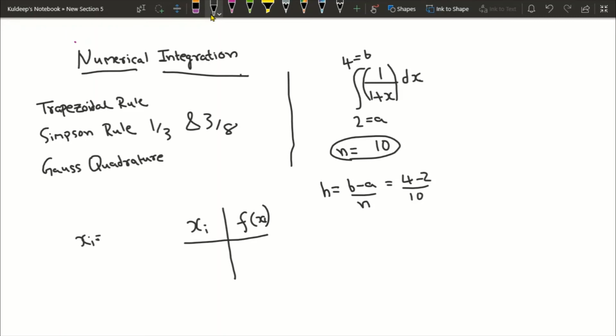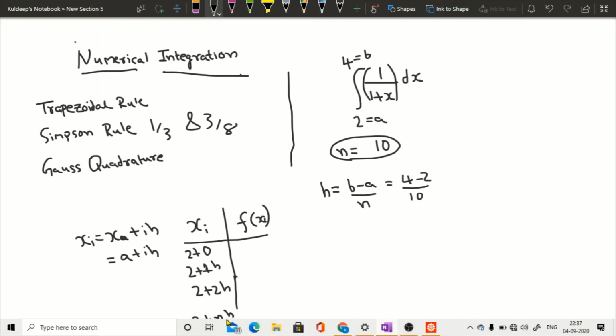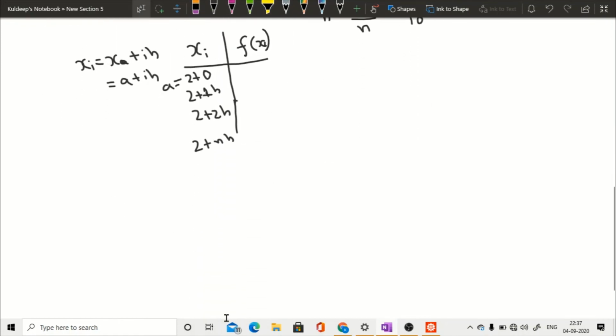Here xi is given as x0 plus ih, where x0 is a. So when i is equal to 0, it will be 2 plus 0 times h, then 2 plus 1 times h, then 2 plus 2 times h, and it will go on up till 2 plus nh. The first value is always a, and the last value is always b.